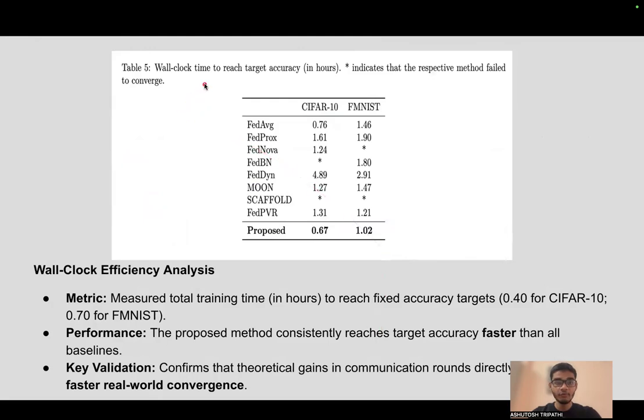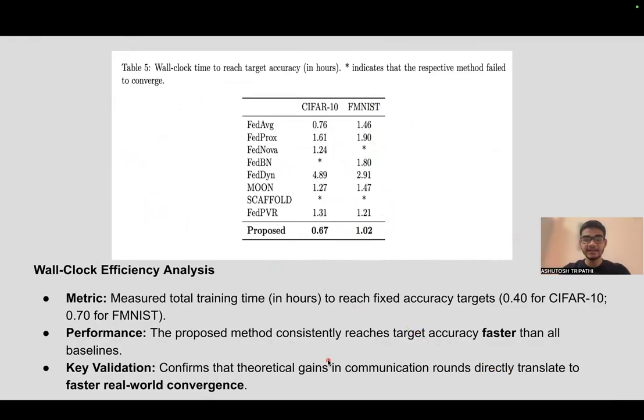And then we have plotted wall clock time to reach target accuracy. So we notice that to reach target accuracy, the proposed method takes very little time compared to all of the baselines. It confirms that the theoretical gains in communication rounds that we have shown in the graphs directly translate to faster real world convergence in terms of wall clock time as well.